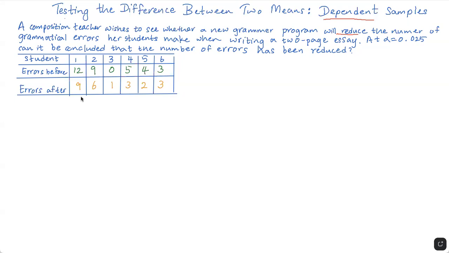So this is the data. We have 6 students here. Errors before for each student and errors after for each student.